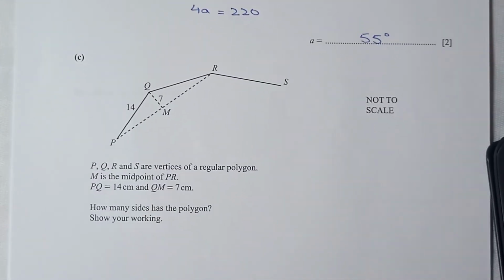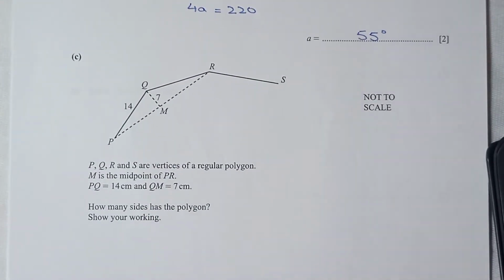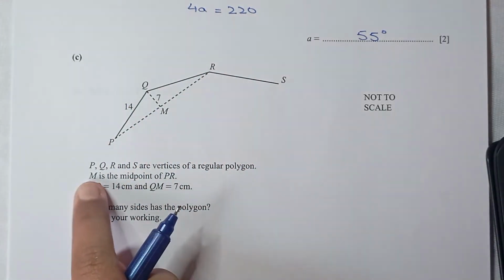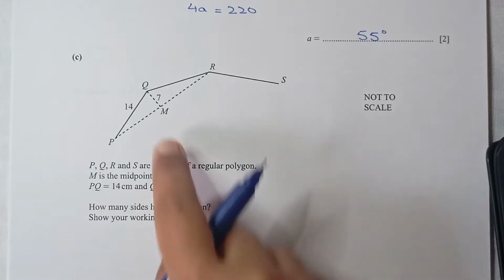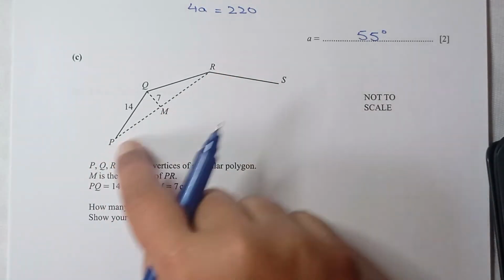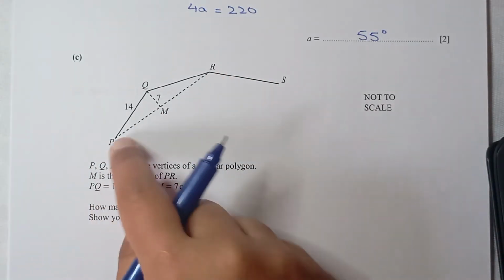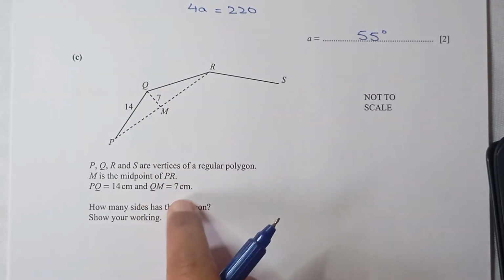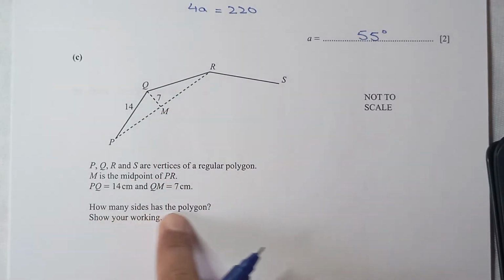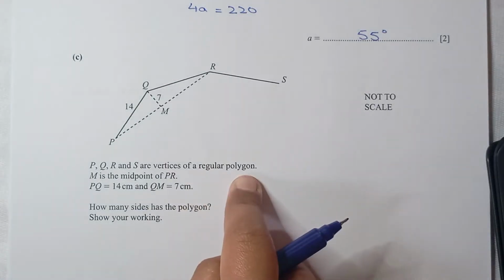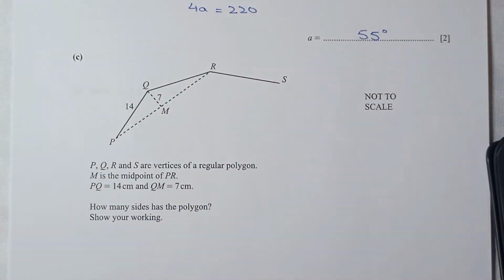Now for part C, P, Q, R and S are the vertices of a regular polygon. M is the midpoint of PR, and PQ is 14 and QM is 7. How many sides has the polygon? Show your working. Okay, as we know it is a regular polygon, all the side lengths of a regular polygon are equal.